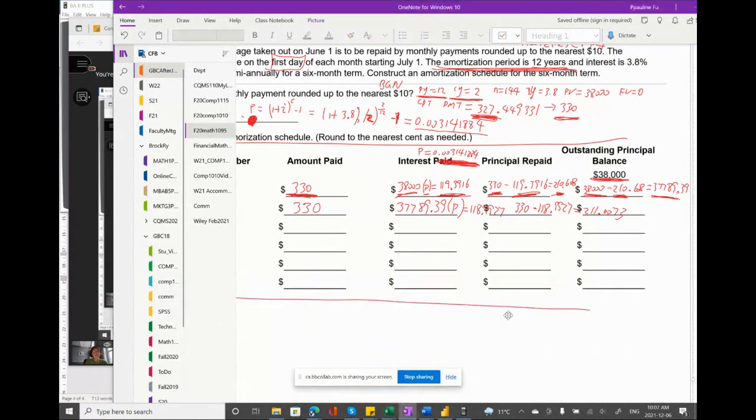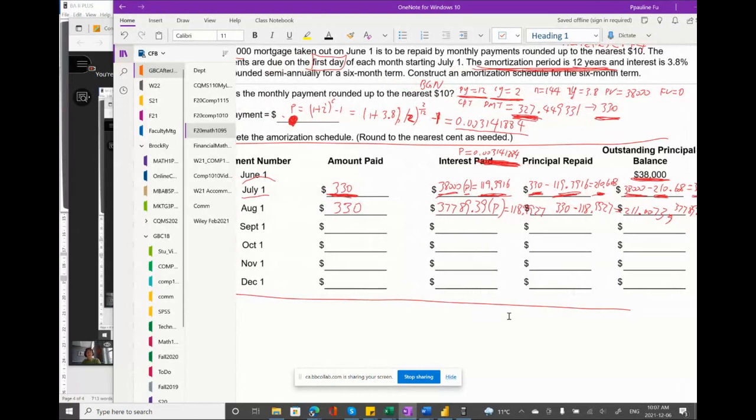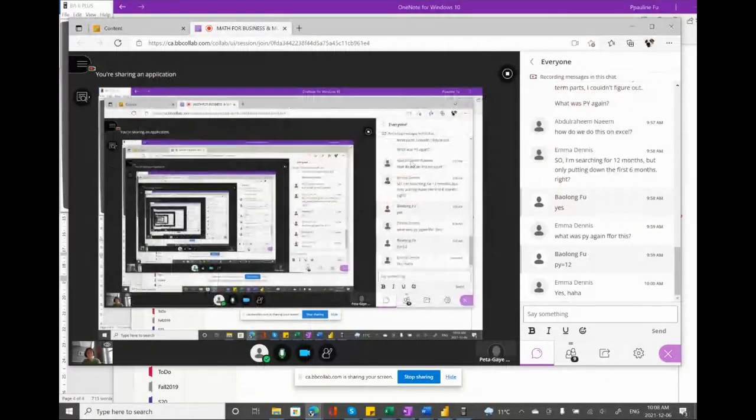That is the principal paid. And for the outstanding balance, use the previous outstanding balance, 37789.39 minus principal repaid. Then you keep on going. I did 2 months. You complete the rest of the months. Any questions?